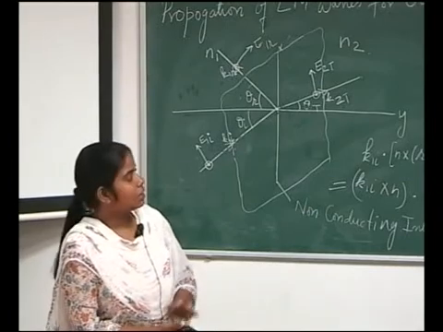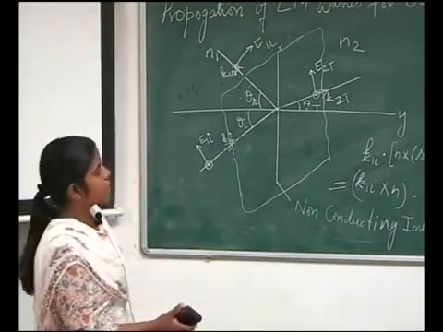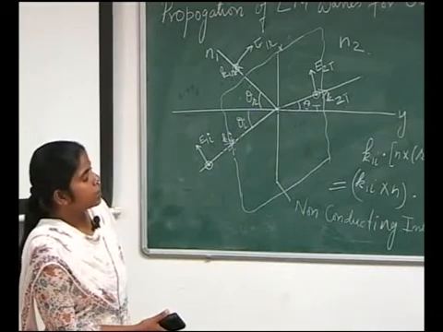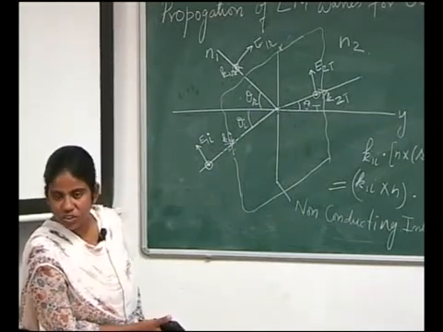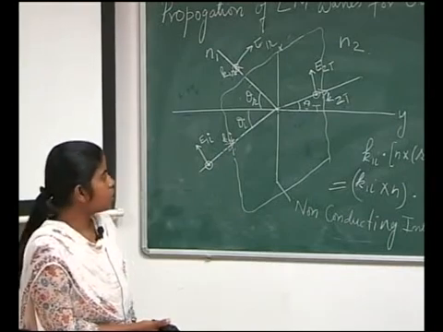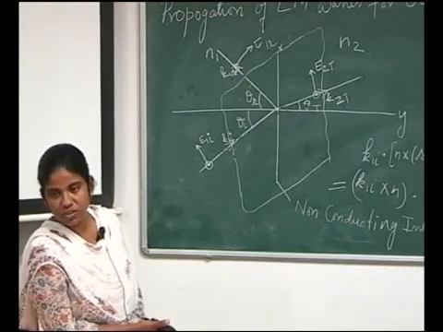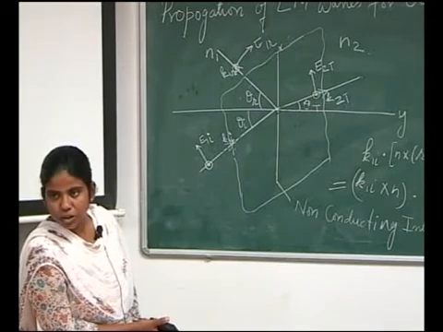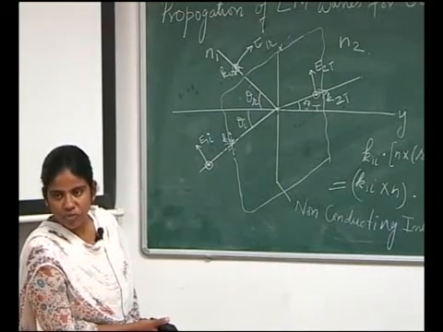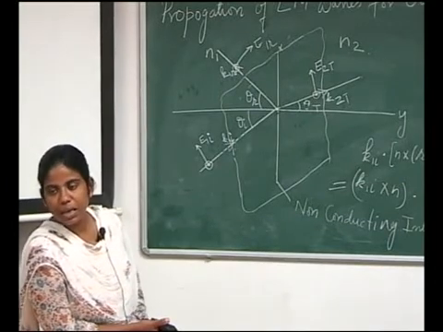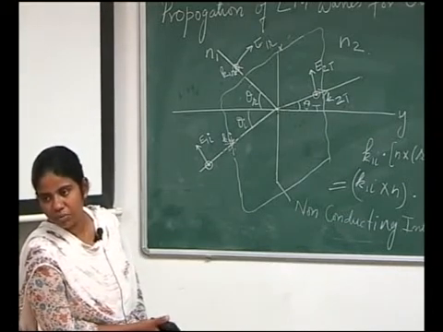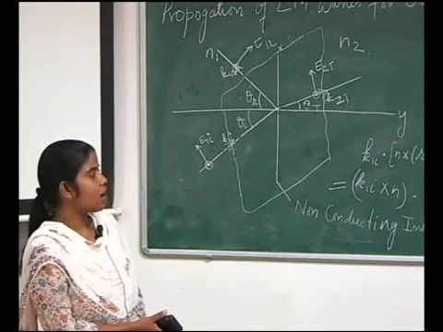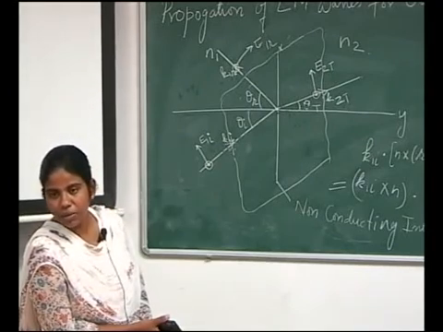Again, it is seen that the phenomenon of reflection and refraction, or reflection and transmission, is dependent only on the refractive index of the medium. So, propagation of a wave in any medium is dependent on the material property of the medium, and these material properties are permittivity and permeability.